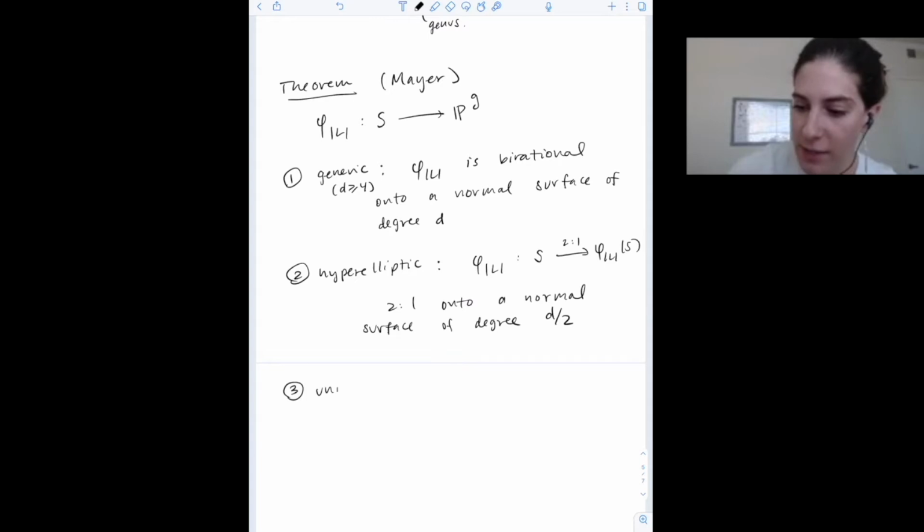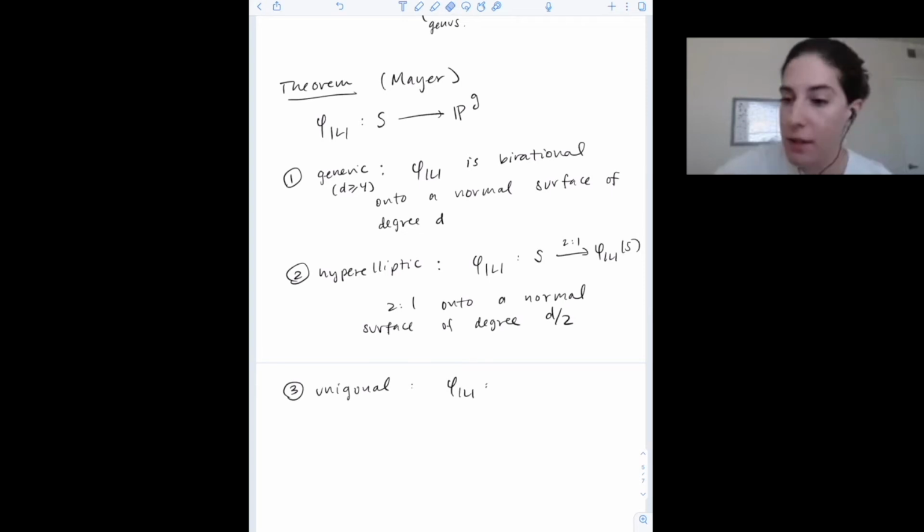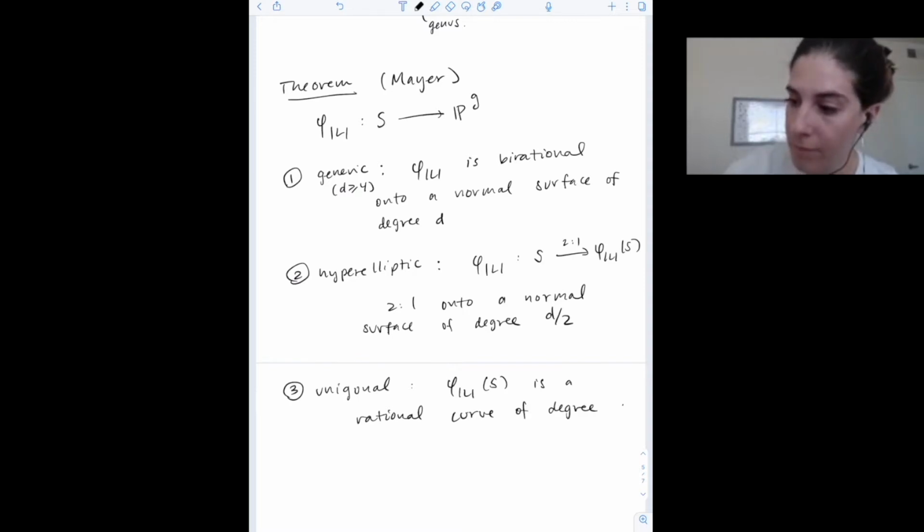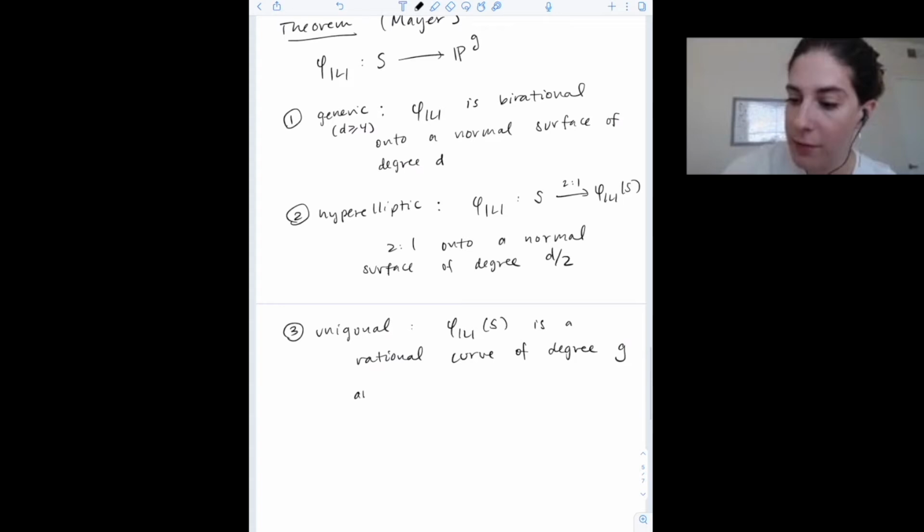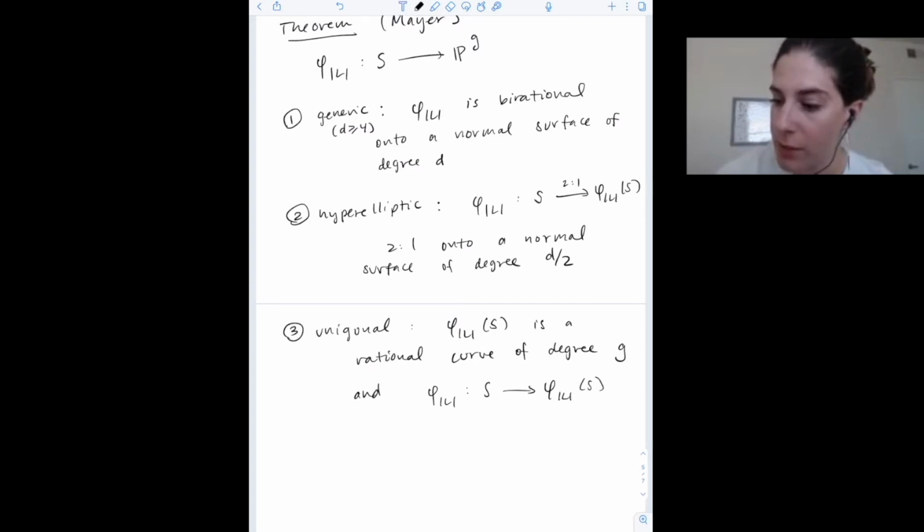And then there's a third case, the unigonal case, in which the image of this map is a rational curve of degree G. And the general fiber of the map from S to its image is an elliptic curve.